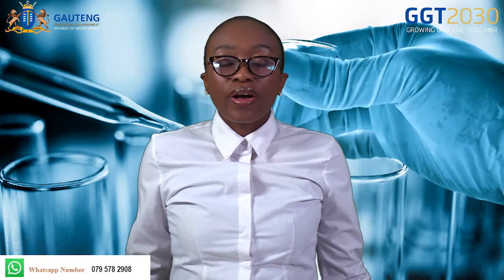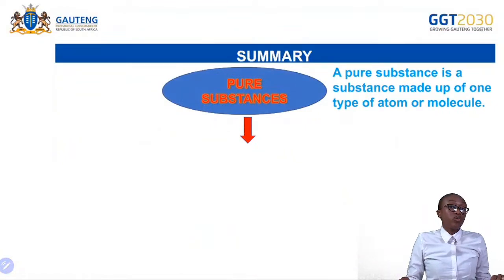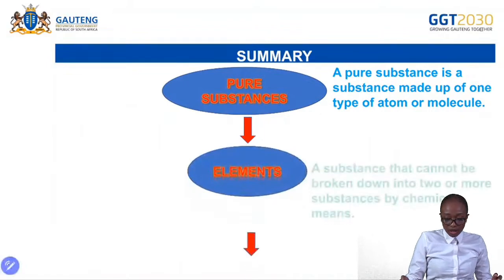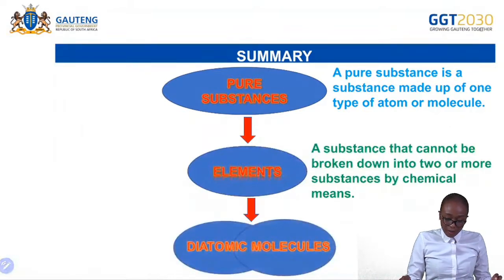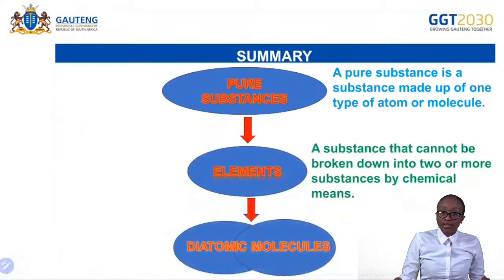Welcome back, learners. Now let us wrap up our lesson. What did we learn today? We learned about pure substances, and that pure substances are made up of only one type of atom or molecule or compound. We also learned that elements are substances that cannot be broken down into two or more substances by chemical means. We also learned that elements are made up of atoms of only one kind.